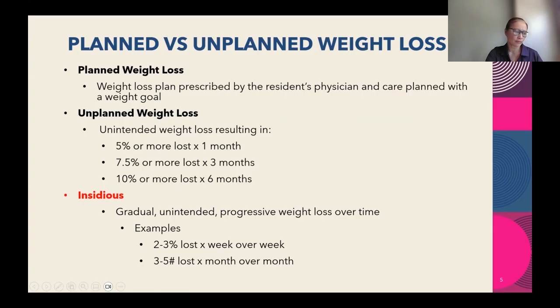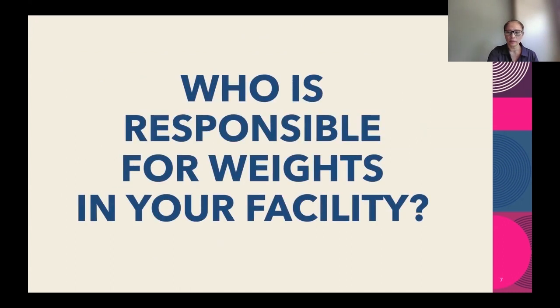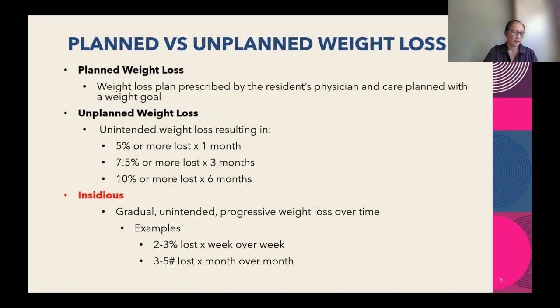So an example of this would be, let's take a 300-pound obese 45-year-old female who is being prepped for knee surgery in 3 months. The physician may order an RD consult for weight loss regimen. So this would be a planned weight loss.